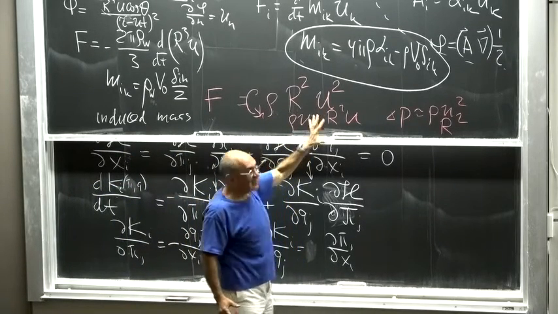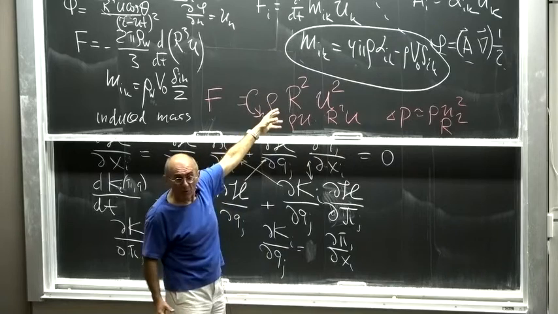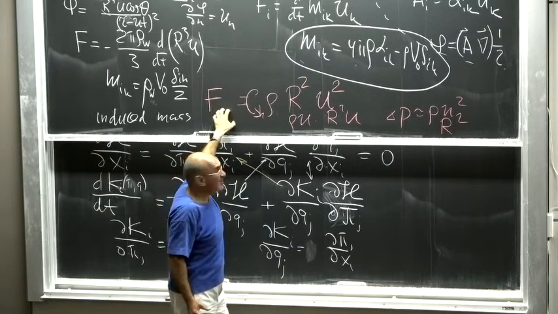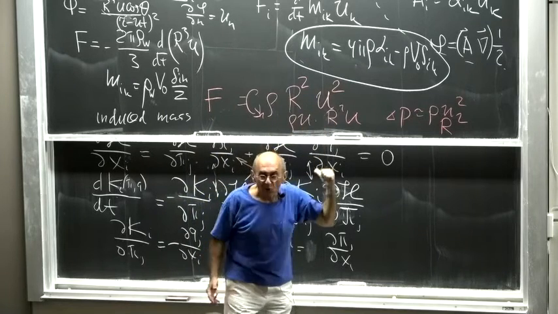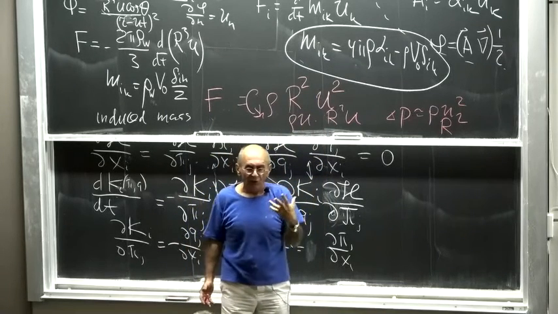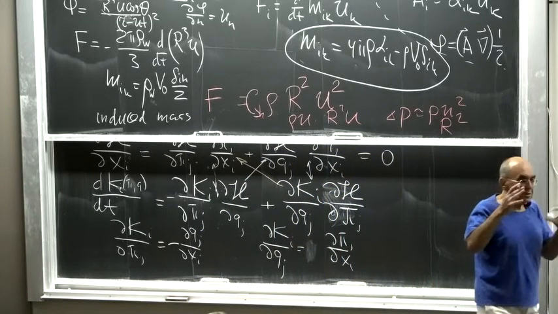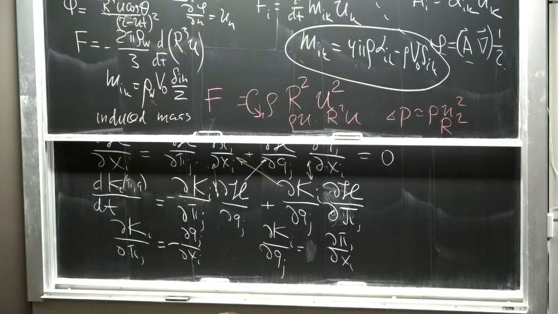Just the very fact that you have resistance, this is a true formula. You can just go and measure it, right? The very fact that you have resistance proportional to u squared, even though it's something which is odd in u, tells you that you have something inside your fluid which definitely breaks time reversibility. You consider limit of very large bodies, a very large Reynolds number.